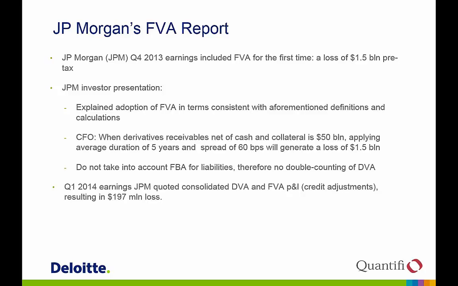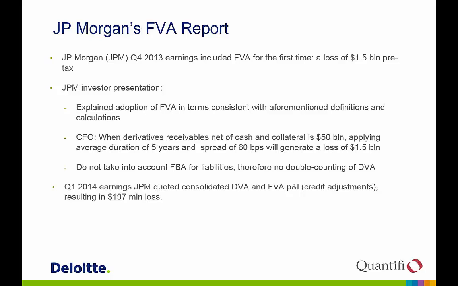It amounted to a loss of 1.5 billion pre-tax. What was interesting is that during the investor presentation, they gave a couple of slides on FVA, and there they went through the definition of FVA. They explained the adoption of FVA in terms which are completely consistent with the definition and calculations which I just mentioned.